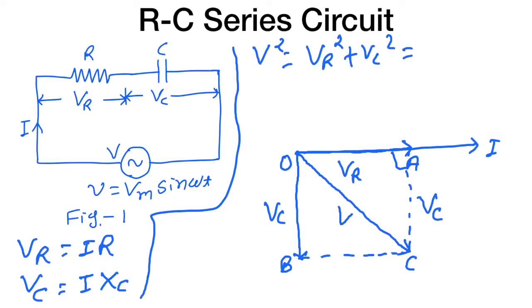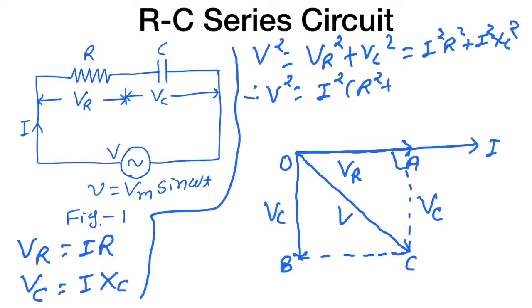Therefore, V square is equal to I square R square plus I square Xc square, because VR is equal to IR and Vc is equal to IXc. Therefore, V square is equal to I square into R square plus Xc square. Therefore, V is equal to I into square root of R square plus Xc square.